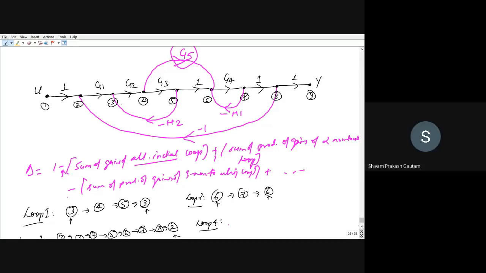Should I show you one loop which is present? We are at node 2. Then we are going to node 3. Then we are going to node 4. Then from node 4 we are going to node 6. From node 6 we are going to node 7. From node 7 we are going to node 8. From node 8 we are again going to node 2. This is one loop. Someone was telling me 4 5.